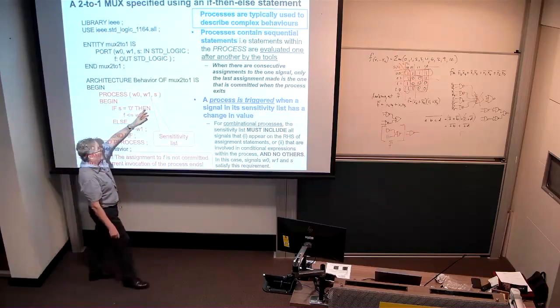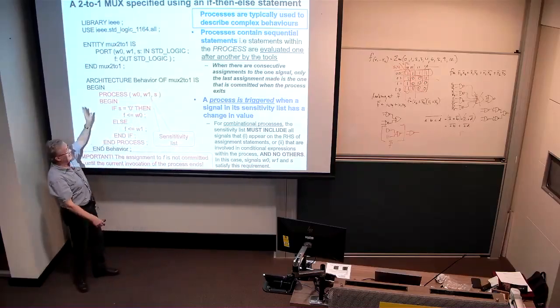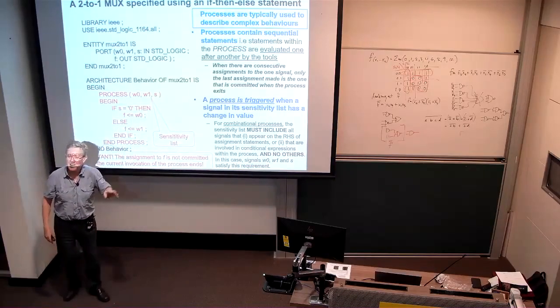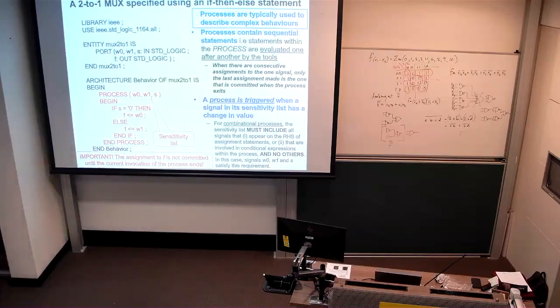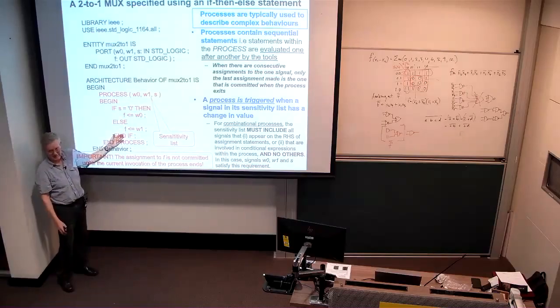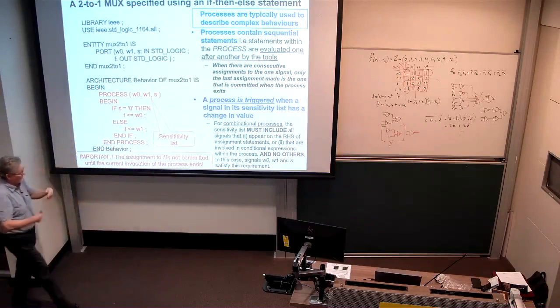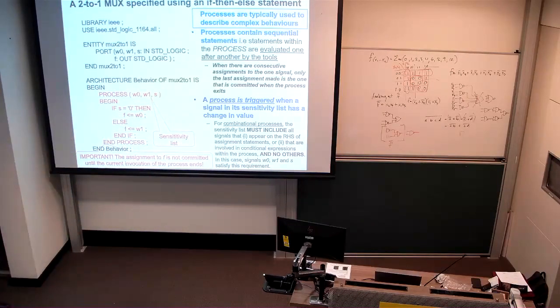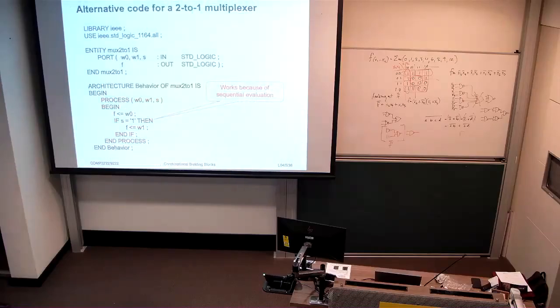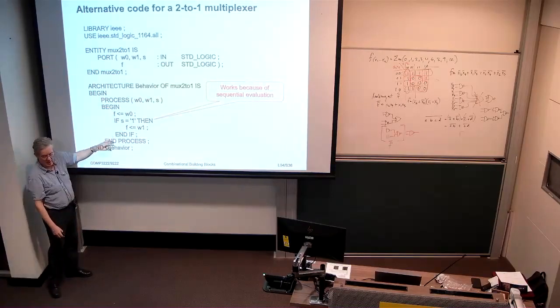So there's no point in adding D because D doesn't appear anywhere else anyway. And even if D did appear there, it doesn't necessarily make sense to trigger this process if there's a change in D, given that D has no impact on the output F. We're going to look at some of the other implications of this in the following half a dozen slides or so.